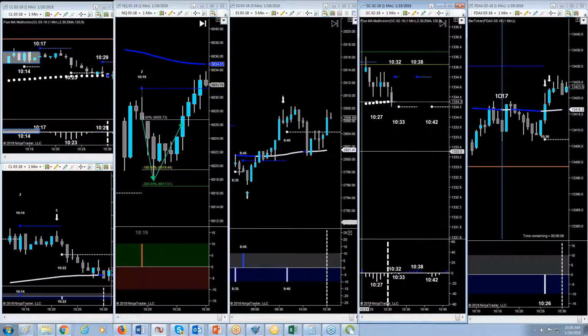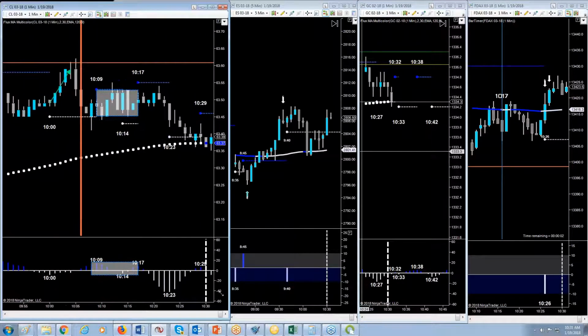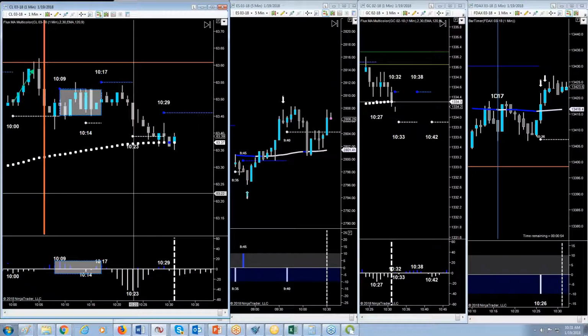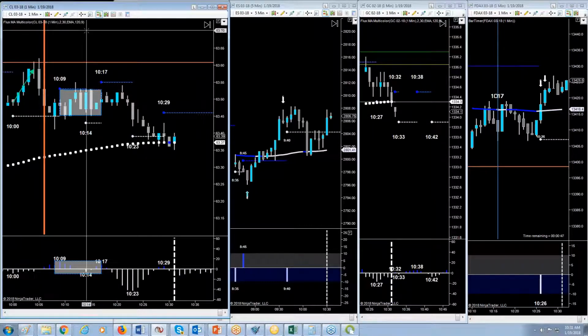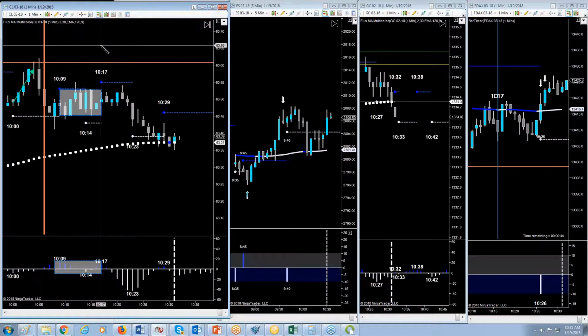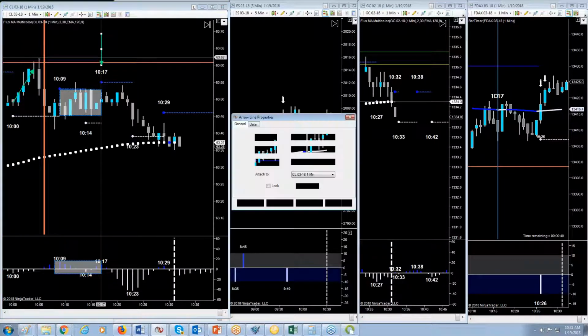AJ, your short should be working out okay on CL. Are you doing all right? So outside of the chop zone, the next sell signal in the direction of the time trend anyway is 1017.